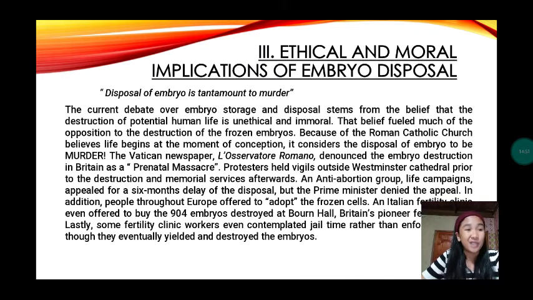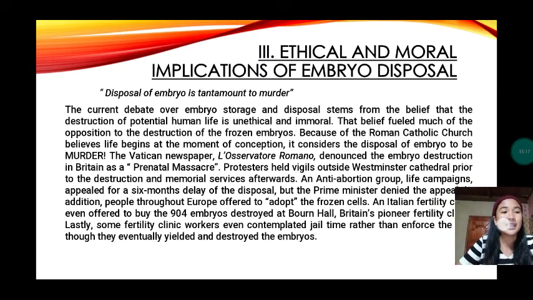Protesters held vigils outside Westminster Cathedral prior to the destruction and memorial services afterwards. An anti-abortion group like the Life Campaign appealed for a 6-month delay to the disposal, but the Prime Minister denied the appeal. In addition, people throughout Europe offered to adopt the frozen cells.